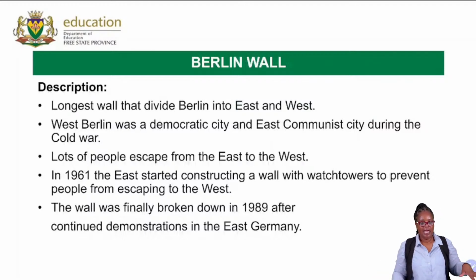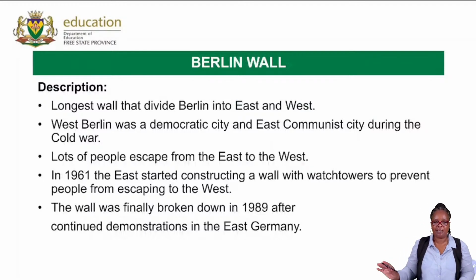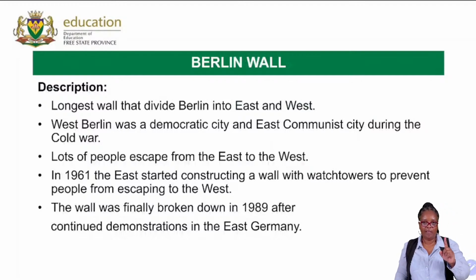And we know that West Berlin was a democratic city. The West was democratic, whereas the East was a communist city during that Cold War. Democracy and communism.